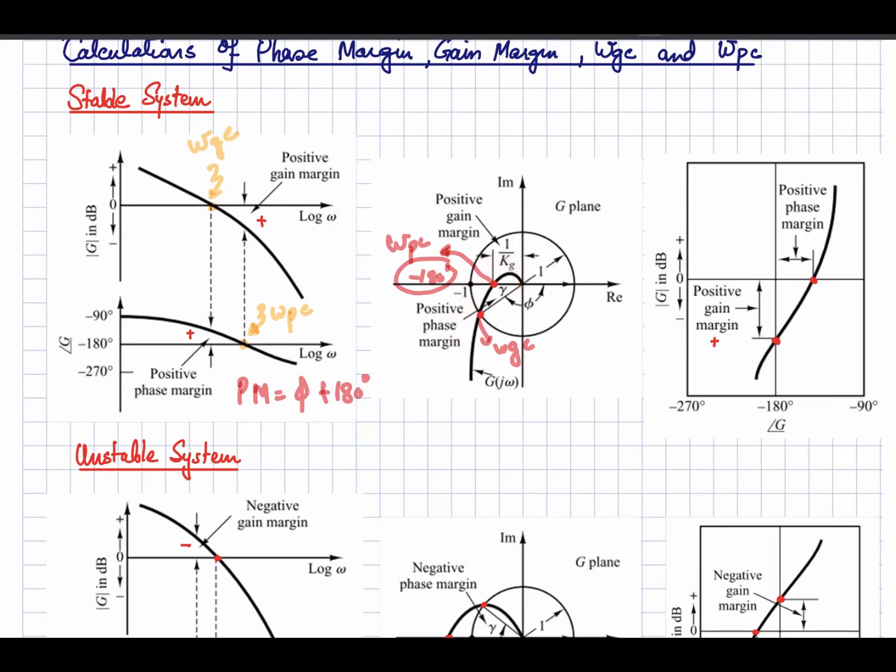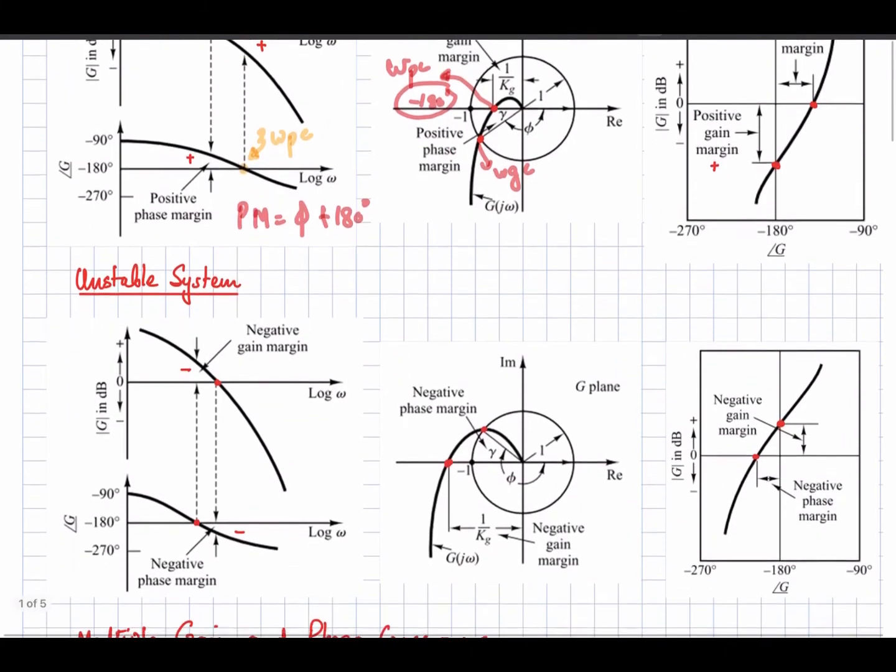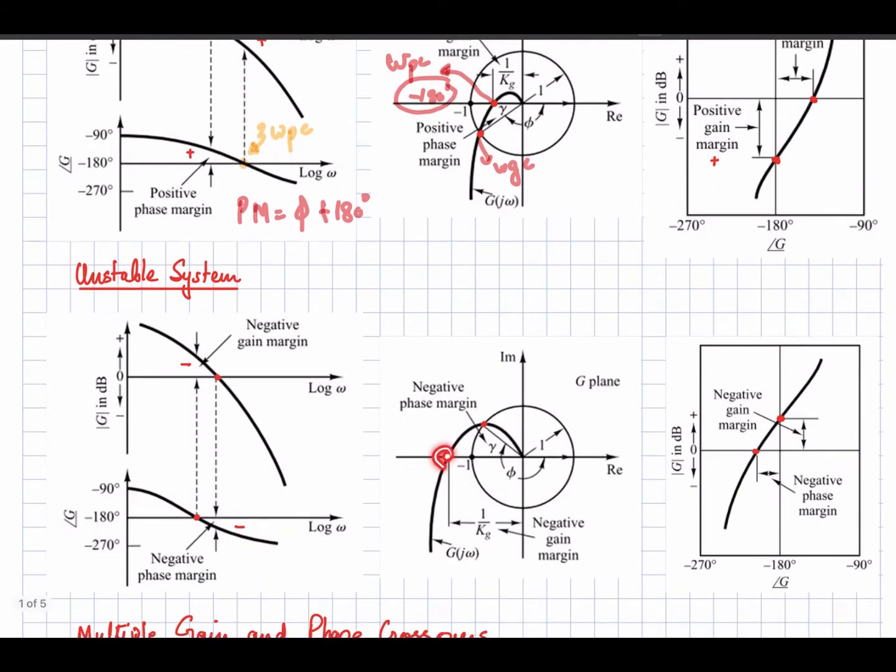If this magnitude is like this, crossing outside the unit circle, that is this one, then your system will be unstable. We have discussed this in the previous video. So this point of the phase crossover should be within the unit circle for a stable system.